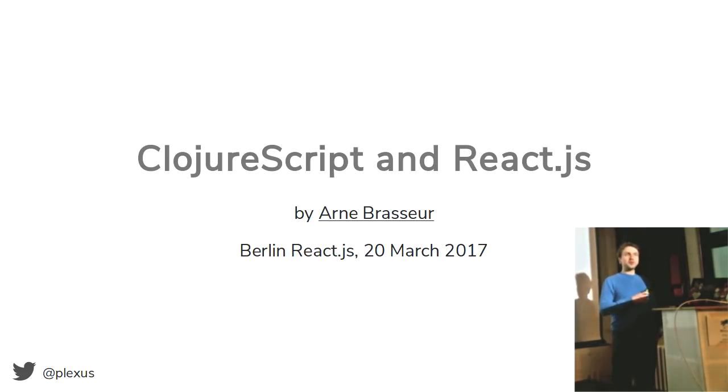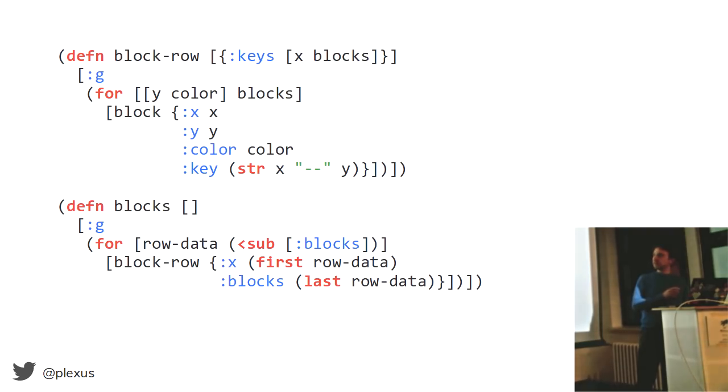So ClojureScript, for those who don't know, is a Lisp. So warning, there will be Lisp in this talk. That looks a bit like this. This is the kind of stuff we'll be looking at. This is a React and ClojureScript app that you're looking at.